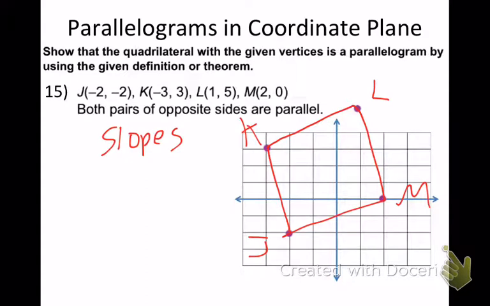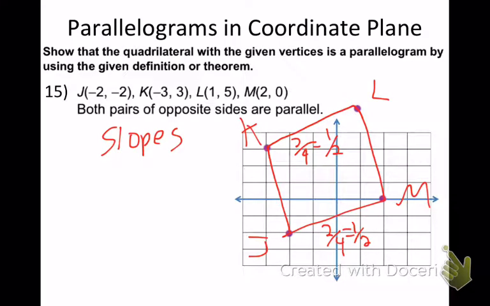Hannah or Audrey, what's the slope from K to L? Isn't it 2/4, which is 1/2? What about from J to M? What's my slope? 2/4, which is also 1/2.